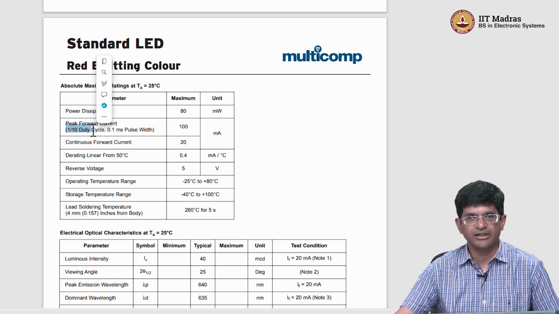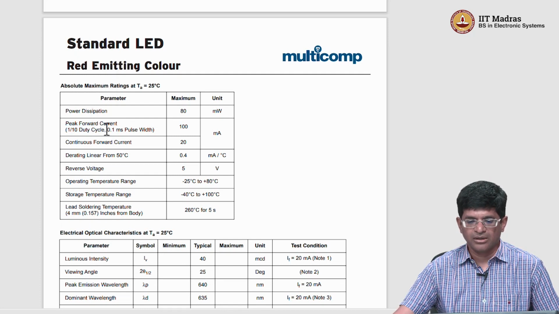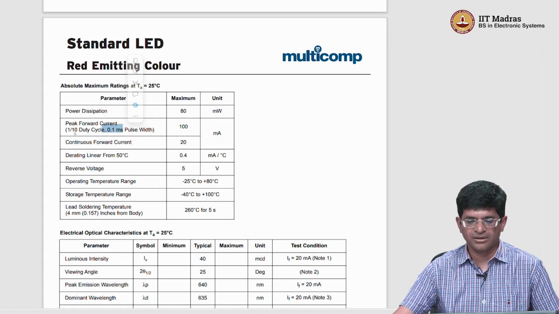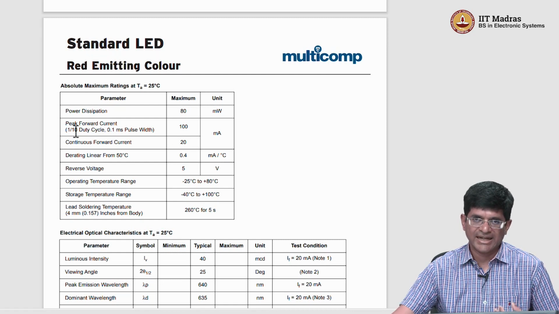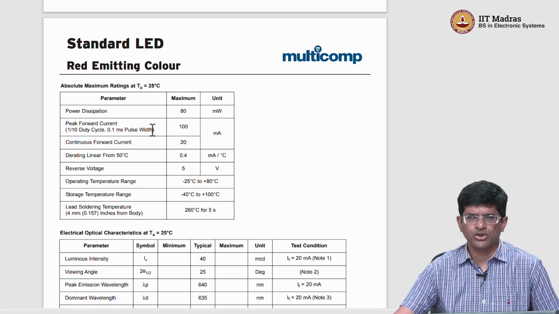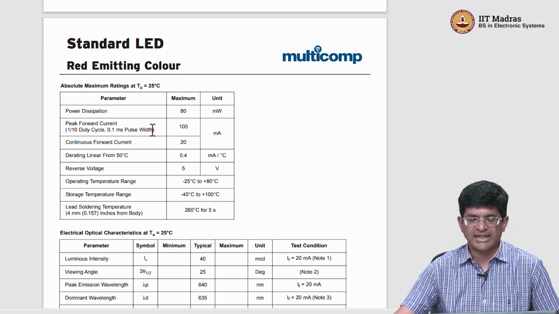In other words, if I continuously pump 100 milliamps through this for more than 0.1 milliseconds, I could potentially damage my device. But if I have 100 milliamps for about 0.1 milliseconds and then for at least 9 times that long, about 1 millisecond, I don't pump 100 milliamps through it, and then once again I have a short burst of 0.1 milliseconds of 100 milliamps, that should be okay, my LED will still survive.